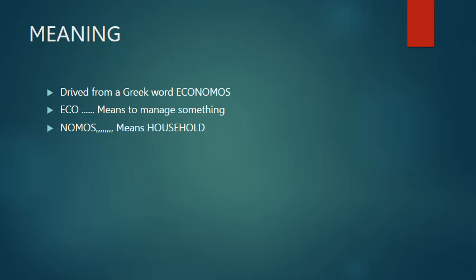We have come across this word, household, numerous times in our life. In common meaning, or in some other branches of social sciences like sociology or political science, household means a group of the same family living in a single home. But in economics it's slightly different. In economics, household means a group of family having a common budget.